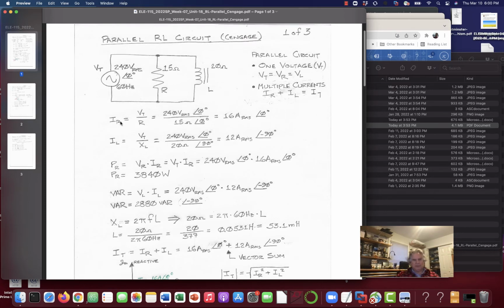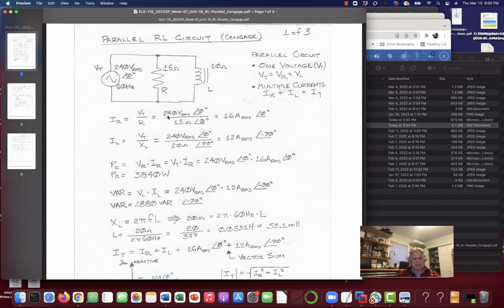So the current through the resistor, we just use our Ohm's law formula, V over R. Again, the book uses E, and E and V can be interchanged, but modern app notes and everything use V. Even though I was taught with E back in the day, V is more popular and is seen more in industry publications.